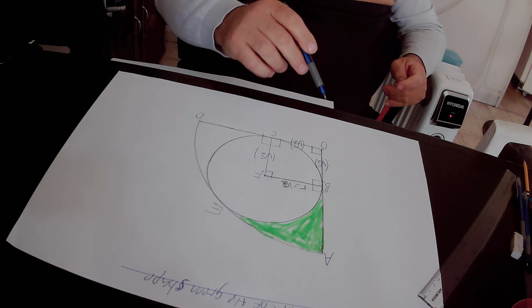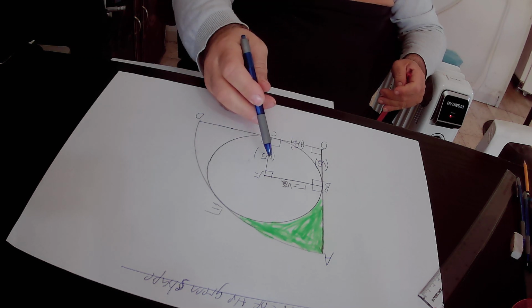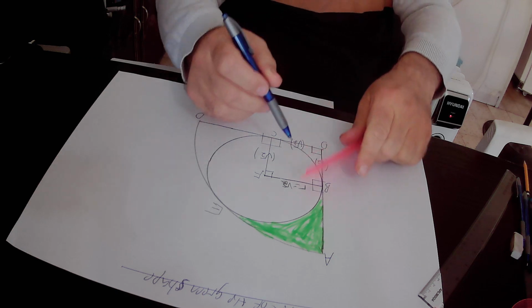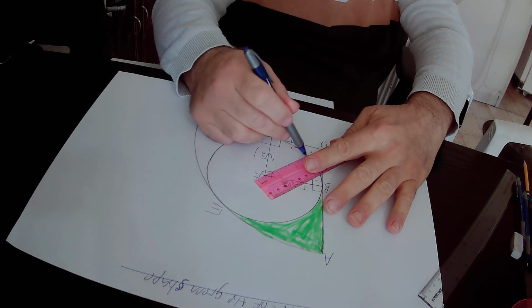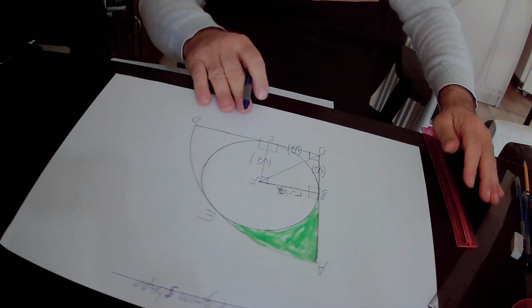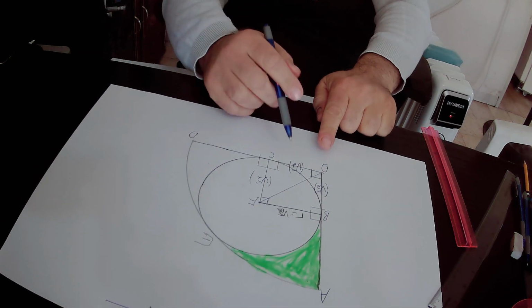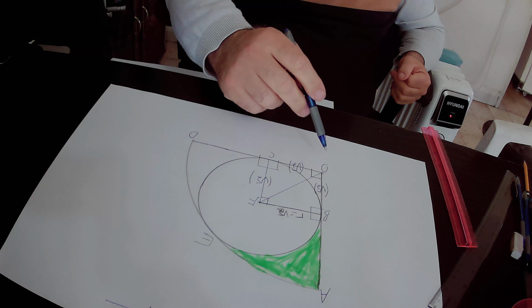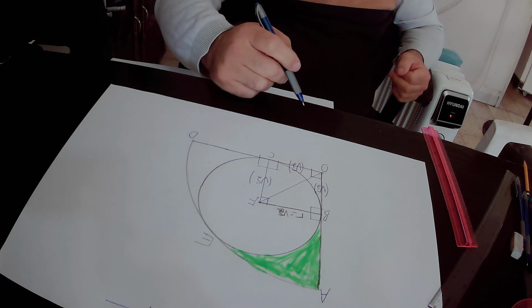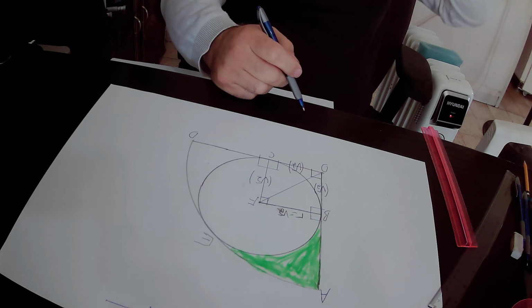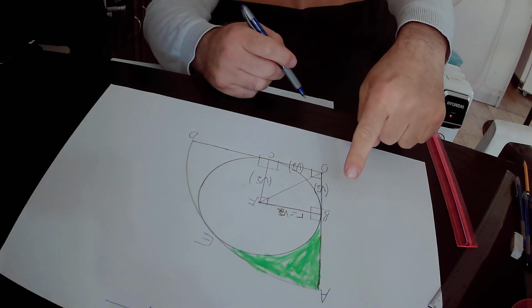Okay, in the next step we'll join points O and F together by a straight line. By joining points O and F, we get the right triangle OBF. In the right triangle OBF, side OB equals side BF.